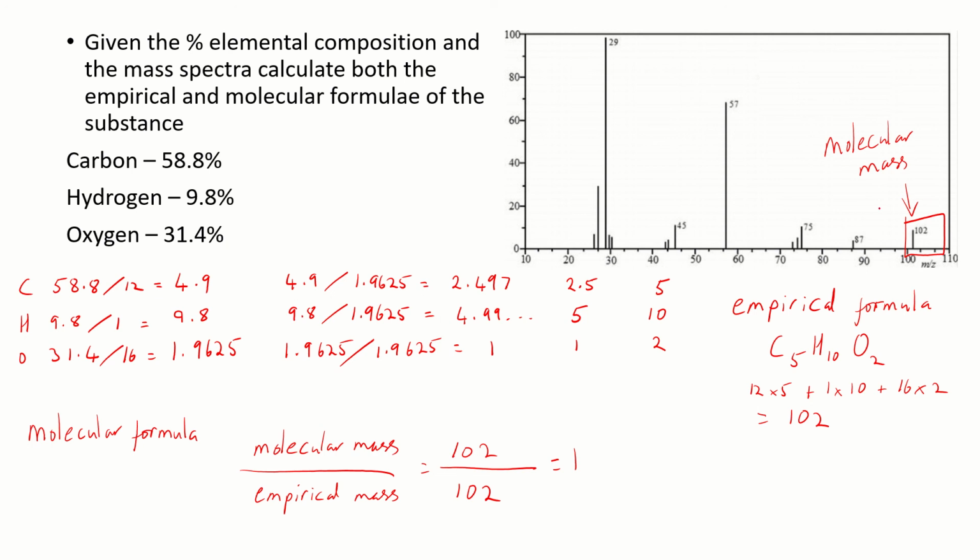Now, if this mass spec, say, was a bit bigger and it had a peak at 204, for example, and 204 divided by 102 was 2, then it's telling us to multiply each of these three numbers by 2. So we do 5 times 2 is 10, 10 times 2 is 20, and 2 times 2 is 4 to get C10H20O4.